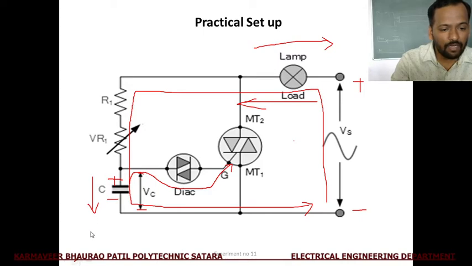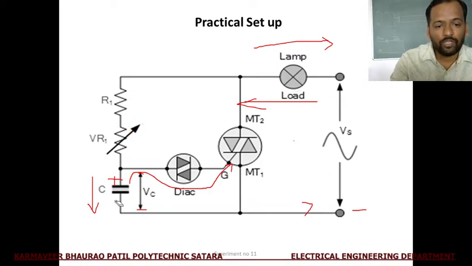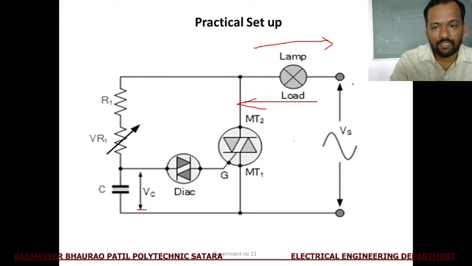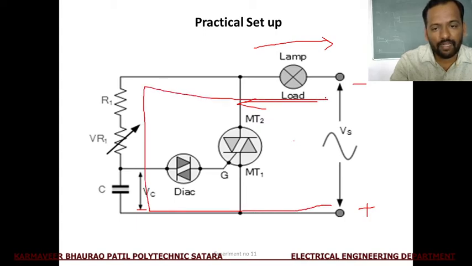what will happen, as we know that supply is AC supply. In AC supply, after each half cycle voltage polarity reverses, means this is negative, this is positive. In this case also, minor current will flow through capacitor and resistance, and with lower plate positive, upper plate negative, this capacitor charges.